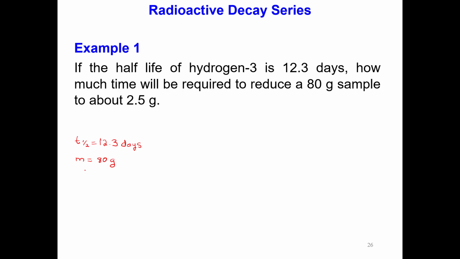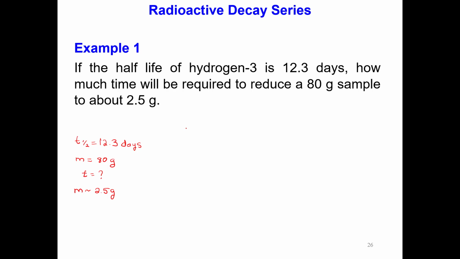And we want to know how much time will be required to reduce this sample to about 2.5 grams. Then let's apply the concept of the half-life to calculate that.